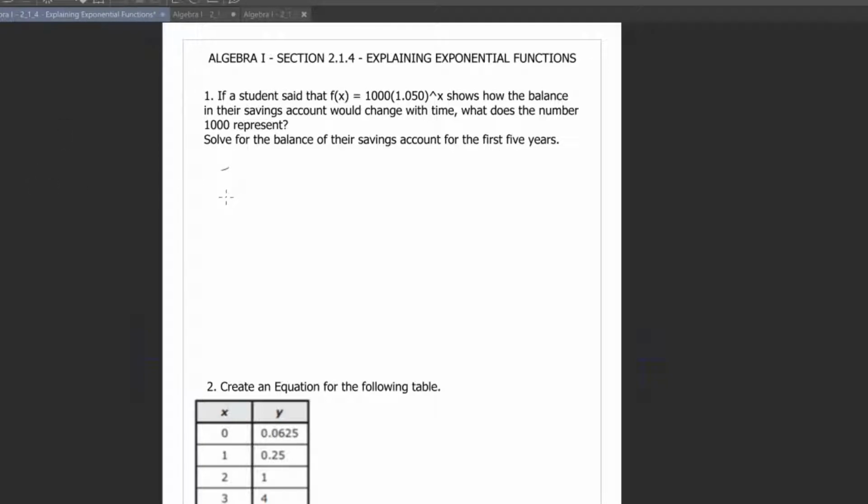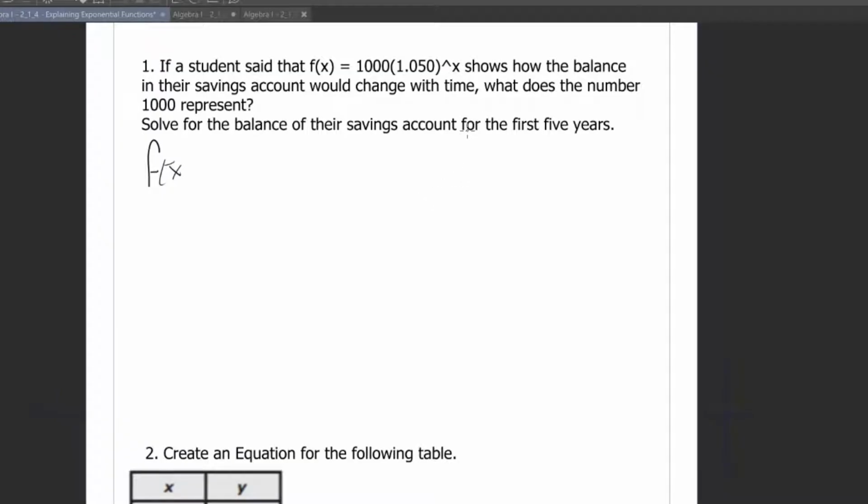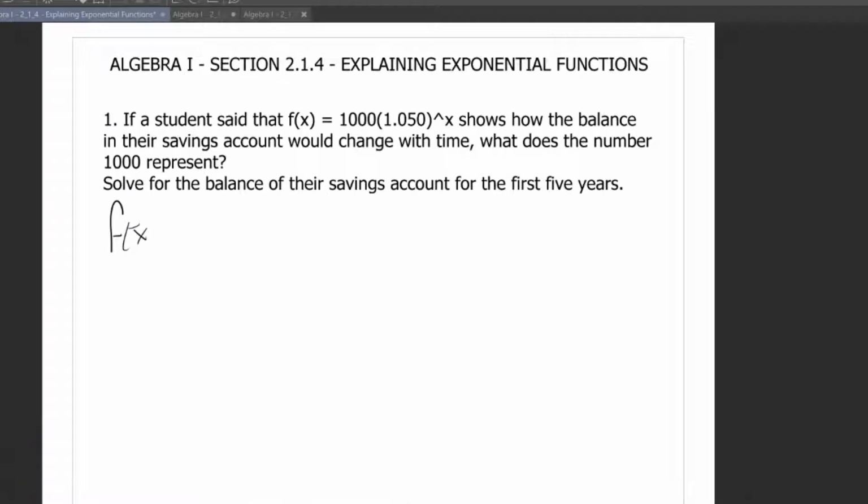Okay, so let's take a look at this question. So f of x here, and let me zoom in a little bit. Okay, f of x here equals, I'm writing this out since I couldn't type it, 1,000 times 1.050 to the x power, right?